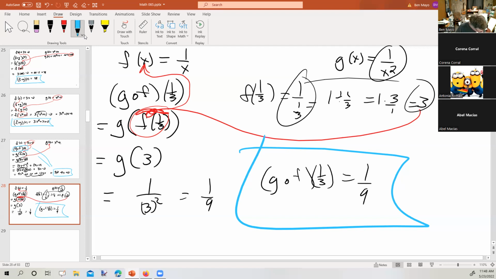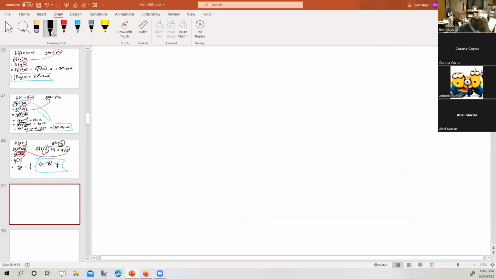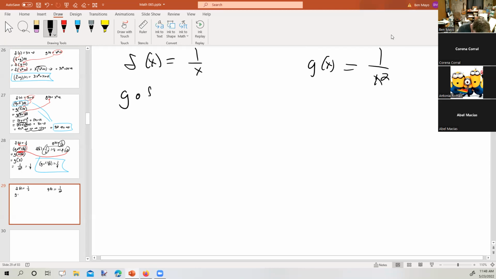Let's see here. Let's do this one. Again, f of x equals 1 over x. G of x equals 1 over x squared. Let's find g composed with f of 1/10. So g composed with f of 1/10 equals g of f of 1/10.